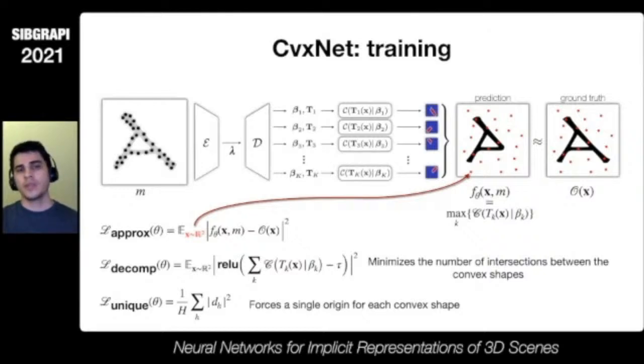In other words, gradient descent is used. Also, other losses are used in order to help the convergence and quality of the underlying CSG object. They minimize the number of intersections between the convex shapes, and they also force each convex to have a unique origin position.